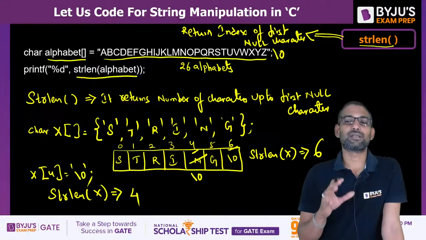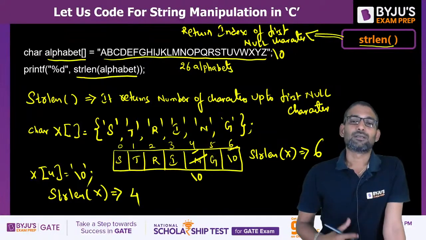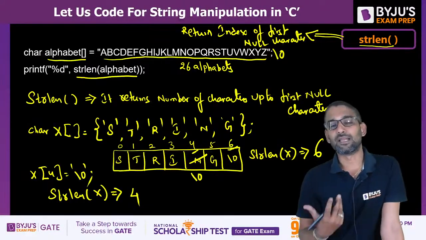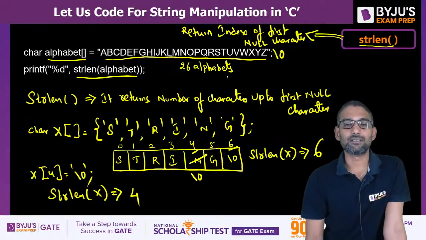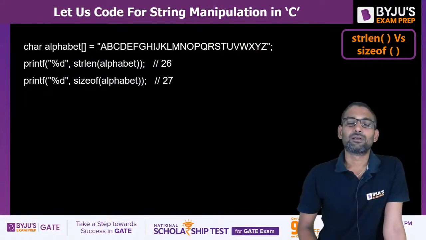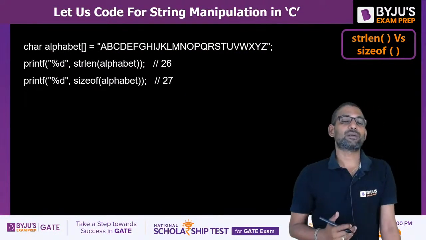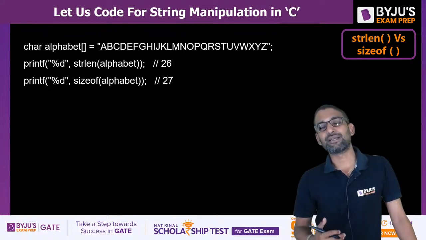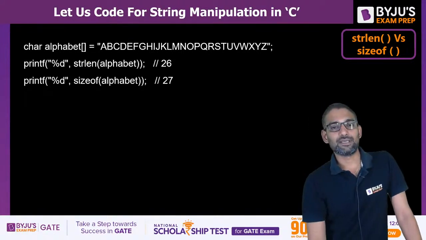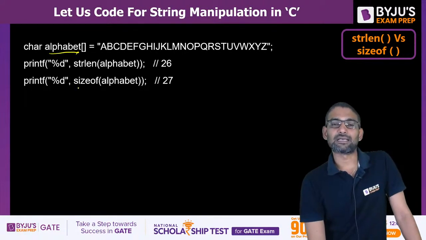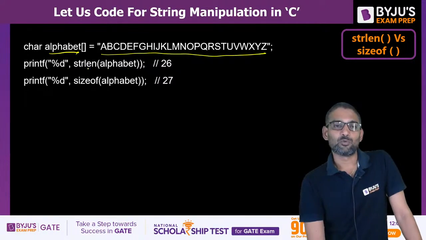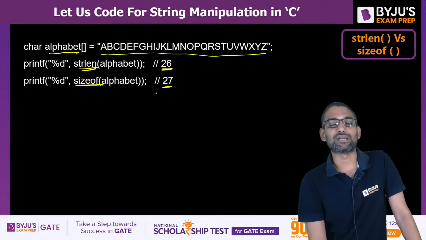Understood? So strlen will return index of first null. So for this, what would be returned? 26 would be returned. And there could be some confusion between this strlen and sizeof. See here, suppose I am creating the string alphabet by giving all the alphabets as input. Whenever I use strlen, I will get only 26. But when I use the sizeof, I will get 27.